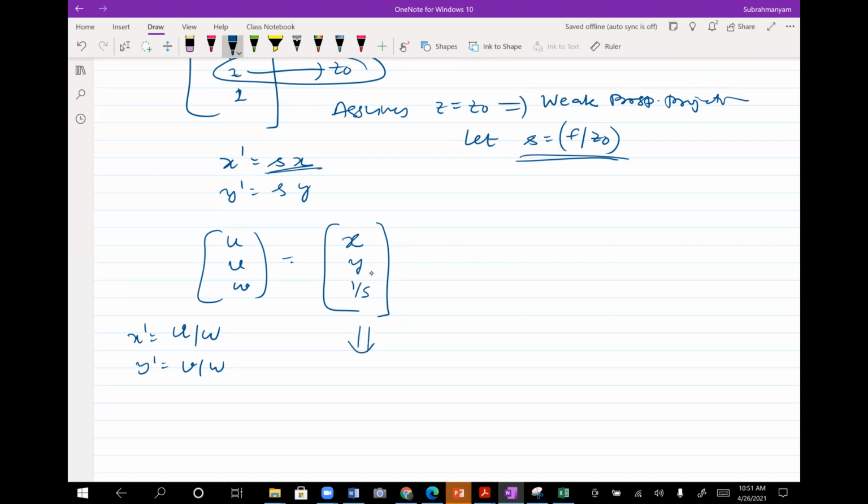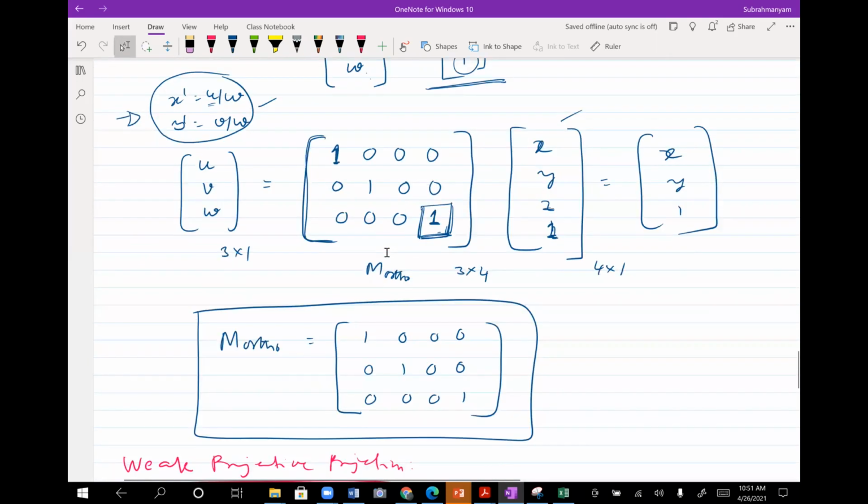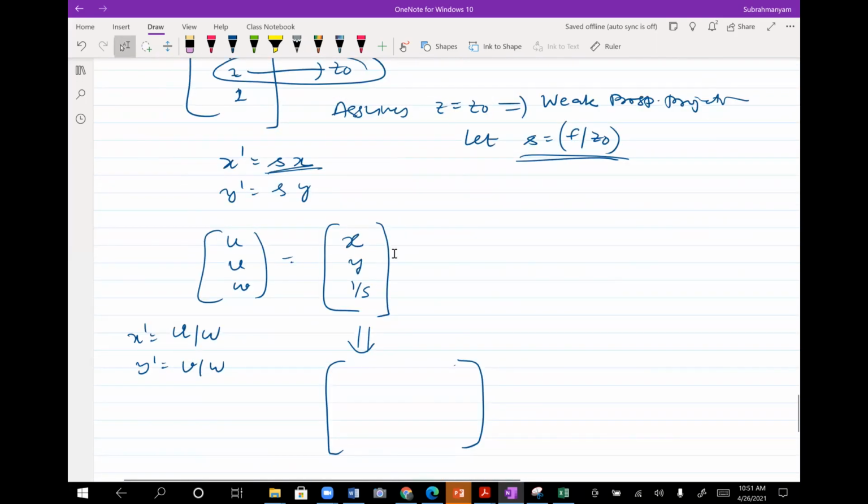Now the same thing I want to represent using a similar size matrix that I was doing here, which is a 3 by 4 matrix multiplied with x, y, z, 1. That's what I would like to get. Here I have to get 1x, so that multiplication would be 1, 0, 0, 0. Then I should get y here, so 0, 1, 0, 0.